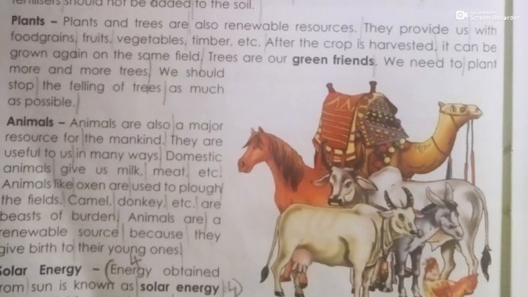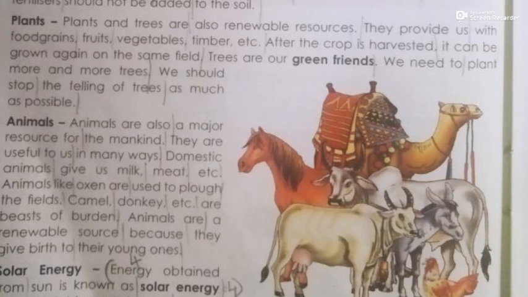After using the cultivation and everything, we can use the soil again and again. First they will grow rice, then again they will put dals, and some people grow vegetables. So the same soil can be used again and again for our food and all other purposes.